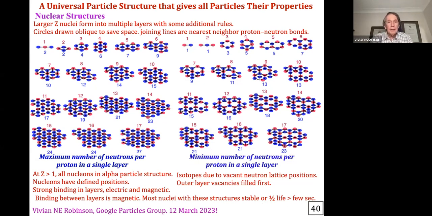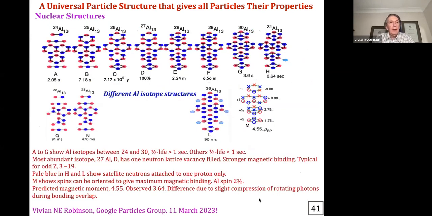We'll get more into that later. To give you an indication of this at work, between Al24 and Al30 you have the limits of isotopes under this structure, and you'll see the lowest is 2 seconds, the highest 3 seconds.